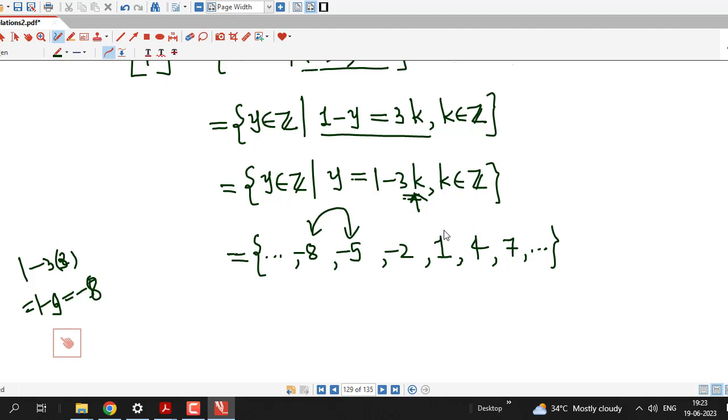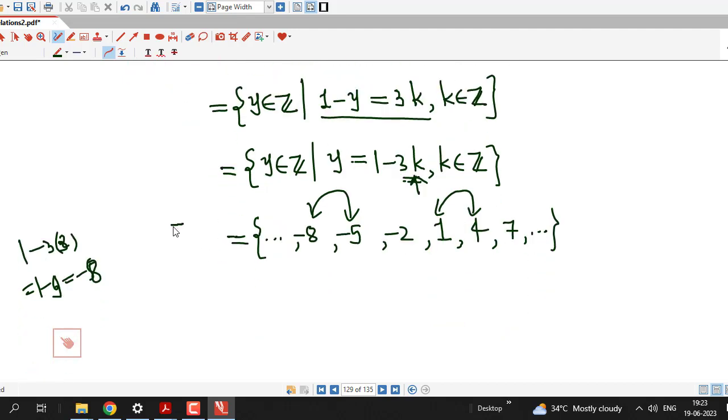If I consider 4 minus 1, I obtain 3. If I take 1 minus minus 2, I obtain 3. Or if I consider the difference the other way, 1 minus 4 is minus 3, 4 minus 7 is minus 3, and so on. That means the elements are such that the difference of any two elements is a multiple of 3. And these are the elements in the equivalence class generated by integer 1.